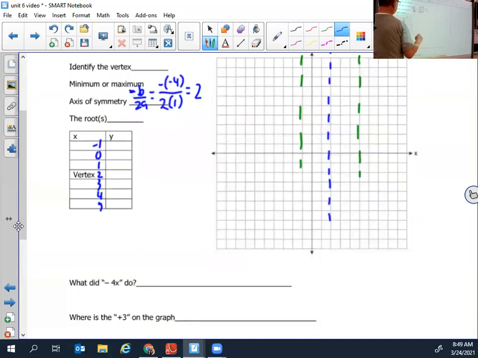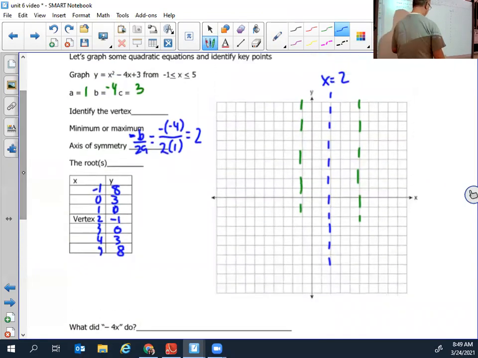So graph it. 2, negative 1, out 1 and up 1, so 0 and 0, out 2 and up 4, so 3 and 3, and then out 3 and up 9, so that's going to give me 8 and 8. Connect my dots.